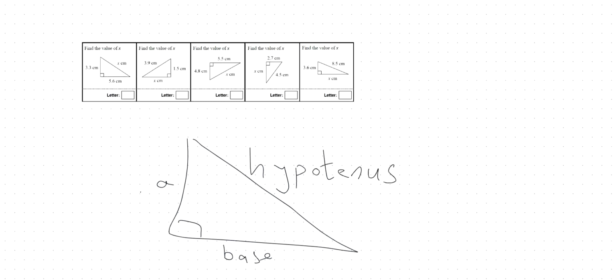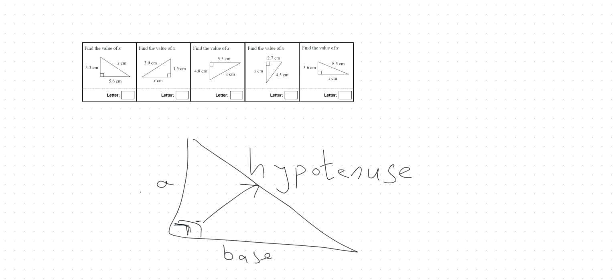The hypotenuse is always the longest side of the triangle, and it is always diagonally opposite the right angle. I appreciate that it is not drawn accurately there, but you'll have to forgive me for that.